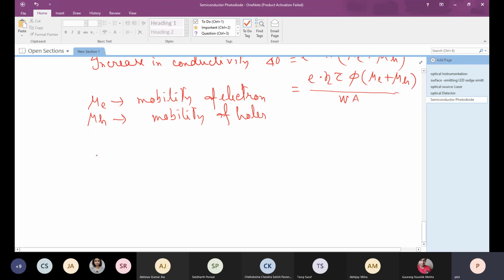The current density corresponding to this photon flux would be delta sigma, that is the conductivity, multiplied by the electric field.